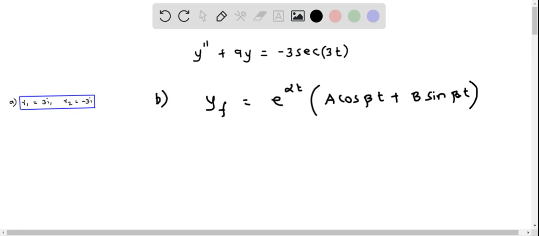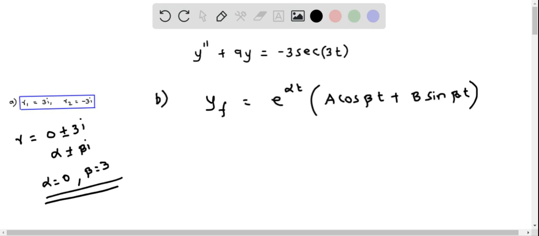So r1 and r2 equal 3i and negative 3i. Basically, these two are complex roots. Therefore, r is equal to 0 plus or minus 3i, and this is in the form alpha plus or minus beta i. So alpha equals 0 and beta equals 3. Let's plug it over here.